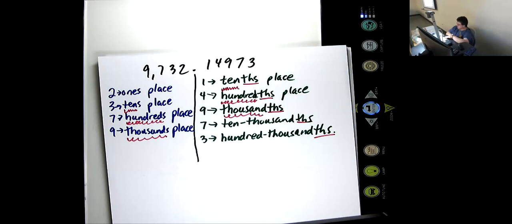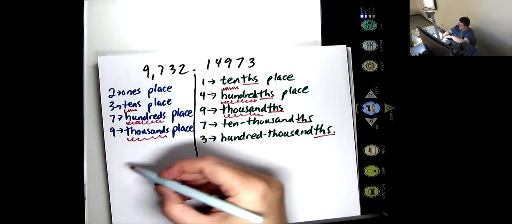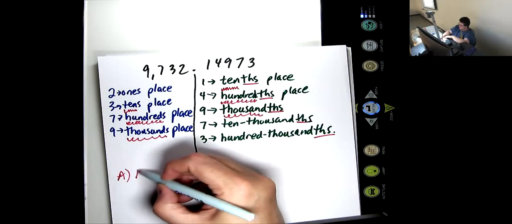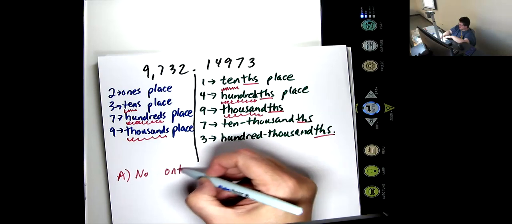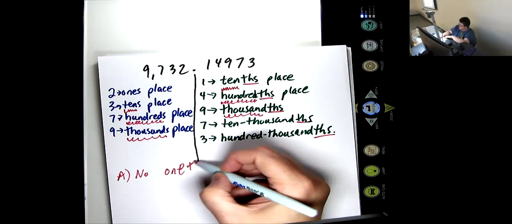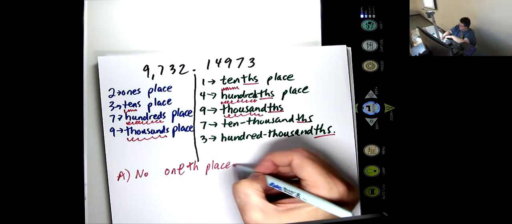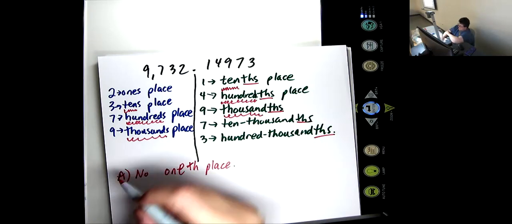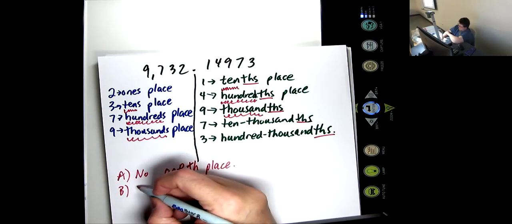The only difference is on decimal places, as we're moving away from the decimal, first off, A, there's no oneth place. And B, we are adding TH.